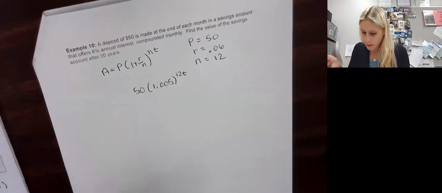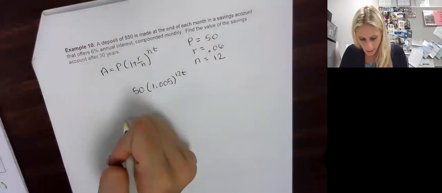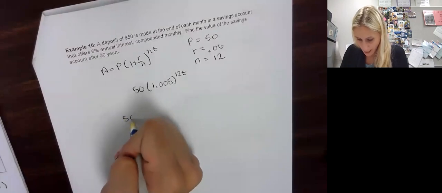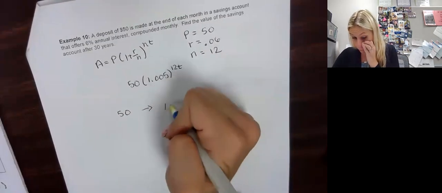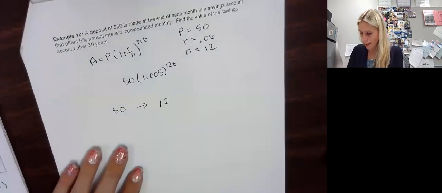So what we need to do is see what interest is happening over the initial deposit. The initial deposit is 50, and it will gain interest over 12 months, right?